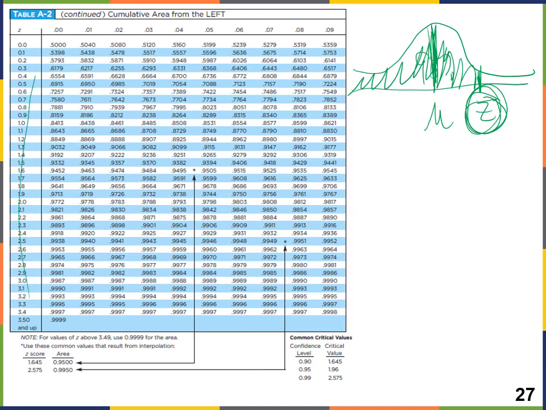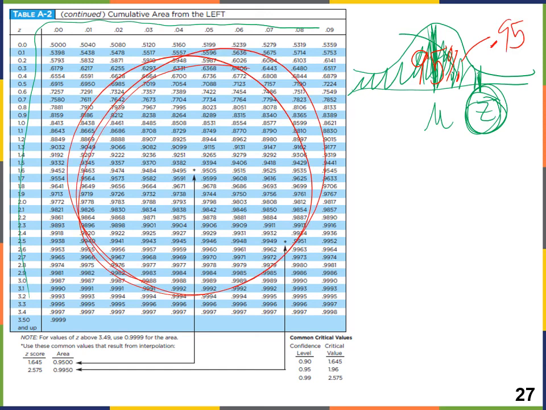The z-scores are located around the outside, but we're not looking at a z-score. We know that the area here is 95%, or 0.95. These are where your areas are located, okay? So we're searching through these areas, trying to find 0.95. These are all 4 decimal places, 9500 specifically.